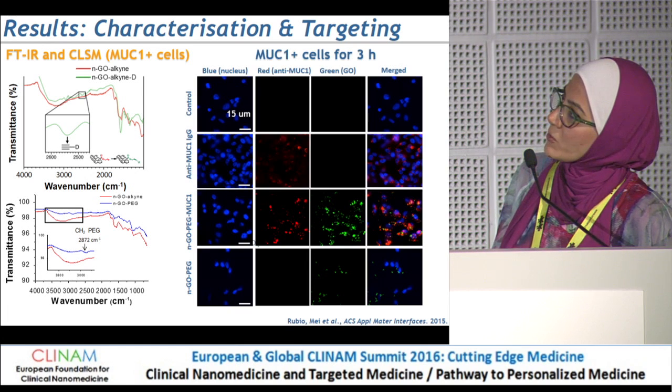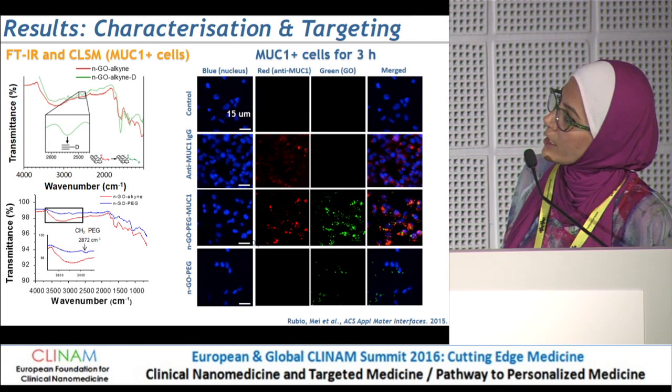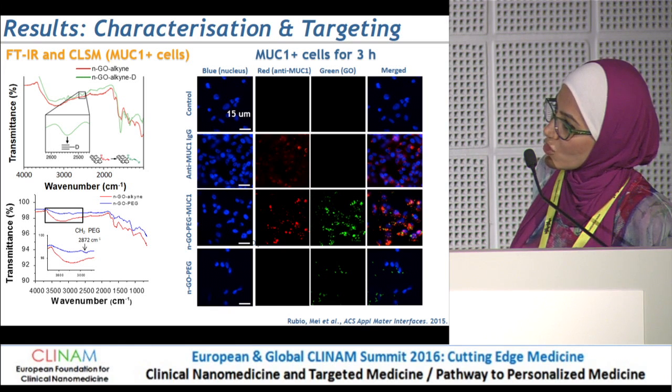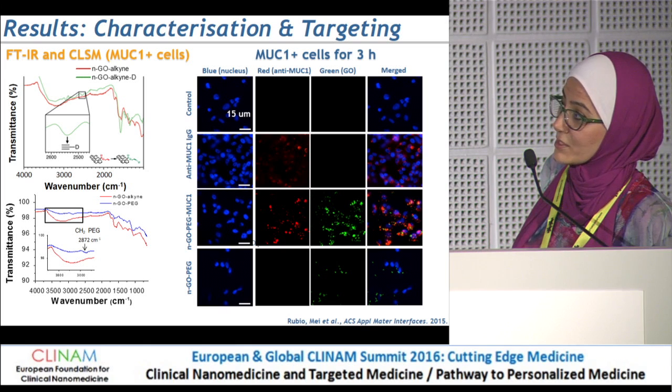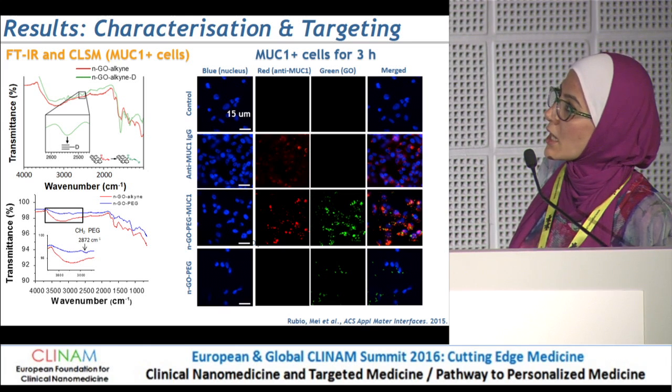Then you incubate them with cells that are positive for MUC1, in this case breast cancer cells, and this is just the nuclei. This is the staining of the antibody, and you can see the cells here were incubated with the antibody alone, but here with the antibody conjugated to the graphene oxide, and you can see there's help of internalization of the antibody into the cells.